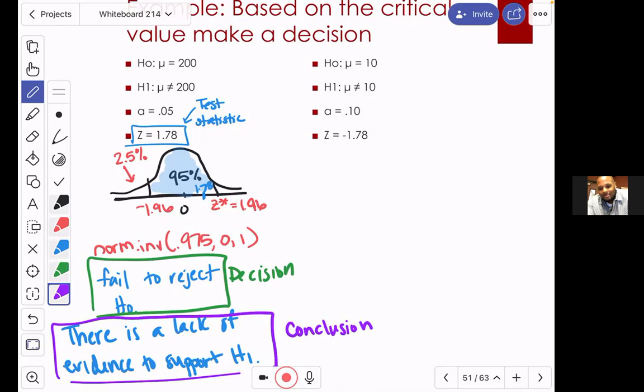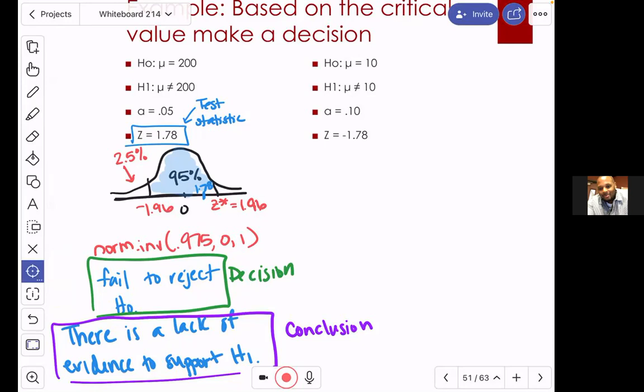They say, hey, this person is innocent, this person is guilty, and then they give you a conclusion at the end of that. Once they say you're innocent, well, you're innocent because there wasn't enough evidence to support guilt. Or they say you're guilty because there is enough evidence to support guilt. But the decision is always made with respect to H0.